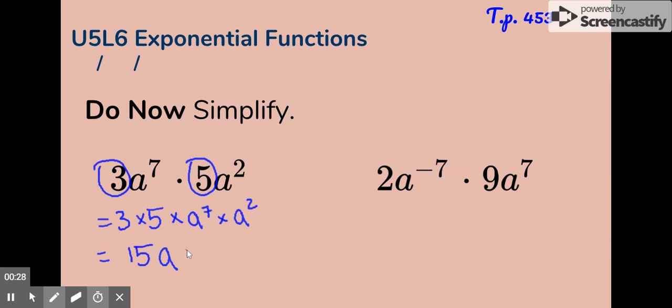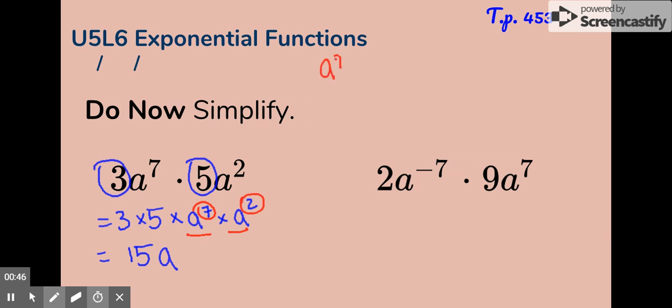When we multiply exponents, we add the exponents, right? Because we multiply a how many times? 7 times. And we multiply a how many times in the other? Twice.